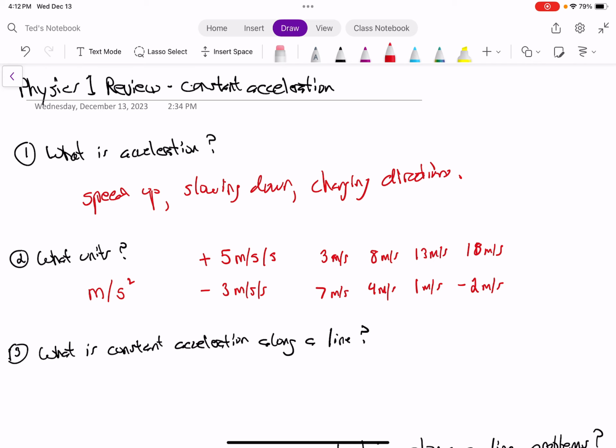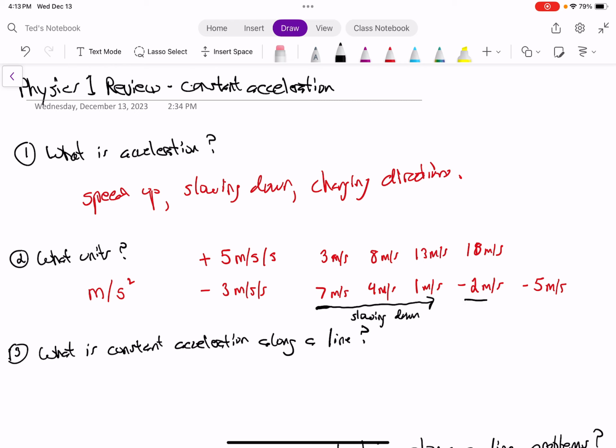And then if we continue to have constant acceleration, our next velocity would be negative 5 meters per second, because again, we're losing 3 each second. And that means we're actually moving faster. And this is important because from 7 meters per second down to 1 meter per second, we were slowing down with our negative acceleration.